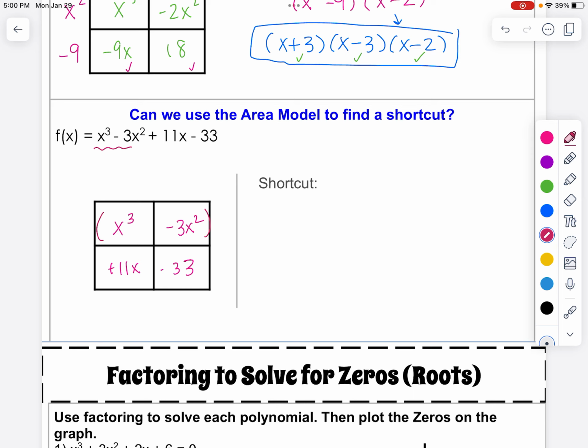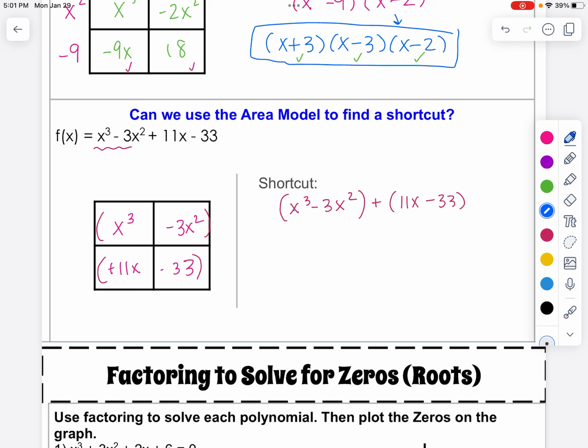So what I'm really doing, I'm doing x cubed minus 3x squared, and we're grouping them together. And then we're finding the GCF of 11x and negative 33. So it's like I'm, again, grouping these last 2 terms together. So we group them together, and then we look for the GCF for each group.